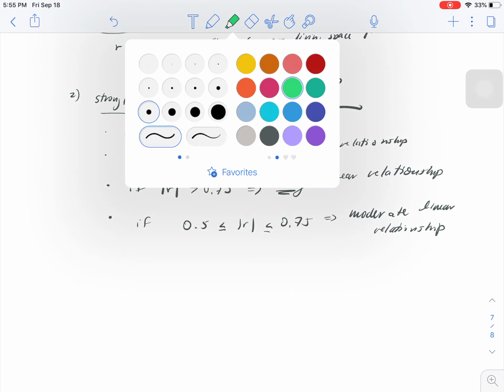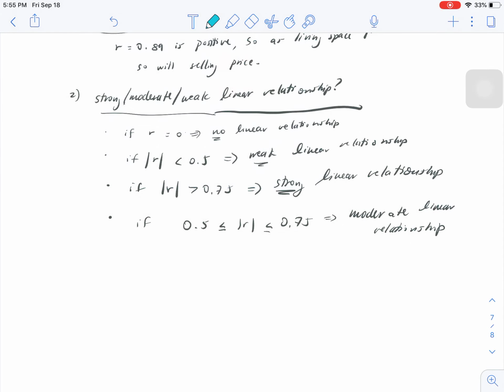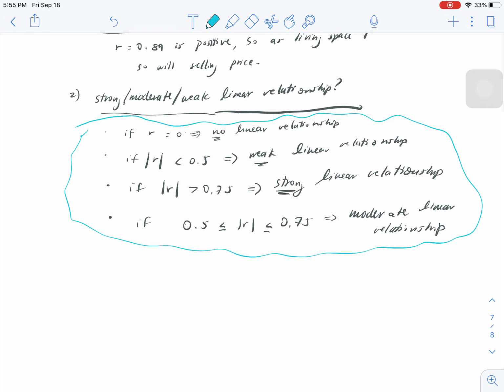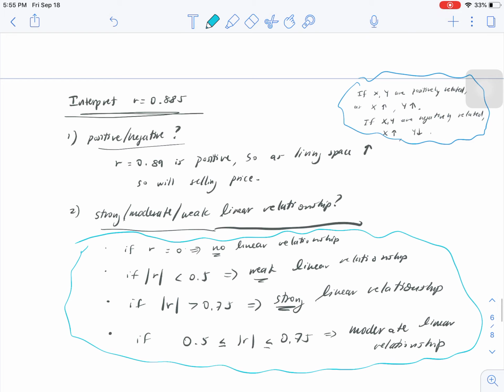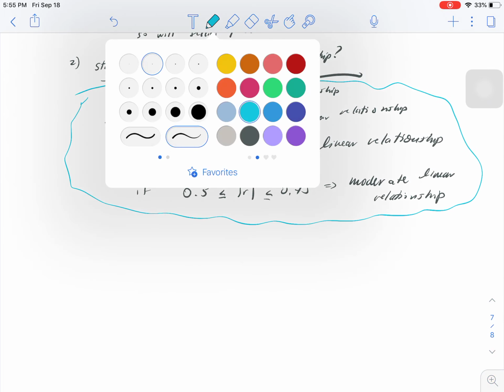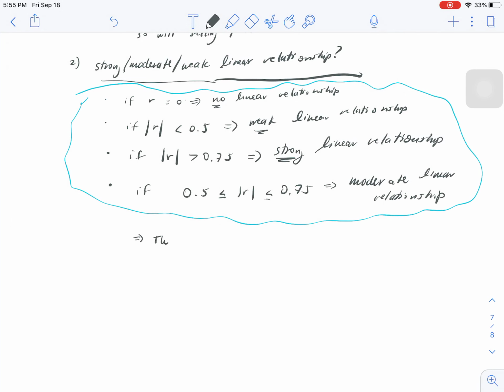So these are our rules of thumb for interpreting our correlation coefficient. So in this case, our r value was 0.89, so we would conclude that there is a strong linear relationship between selling price and living space.